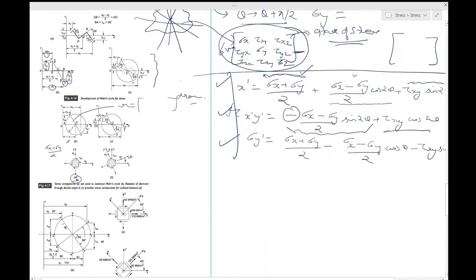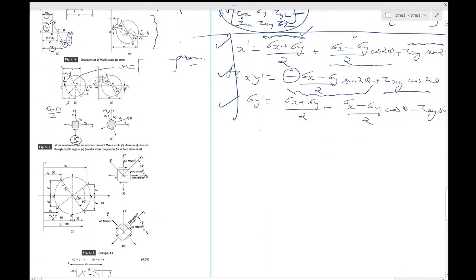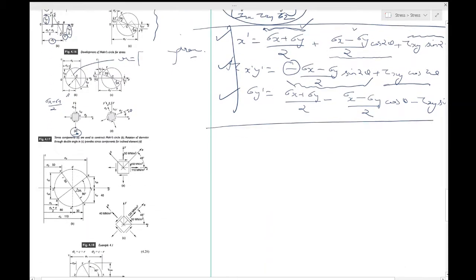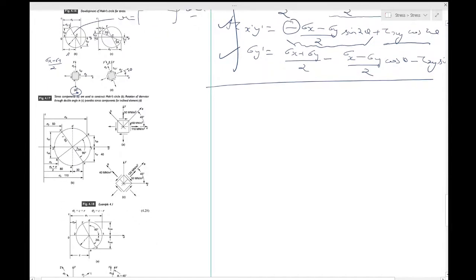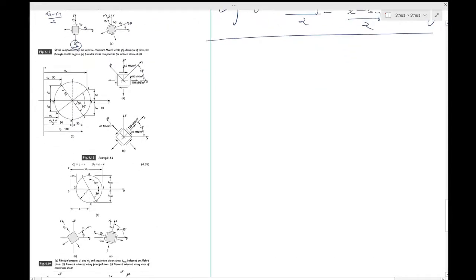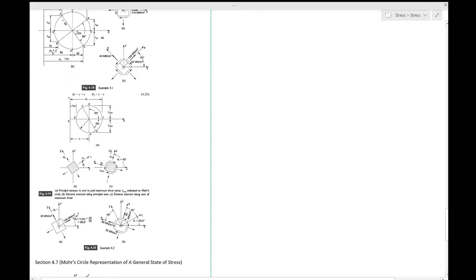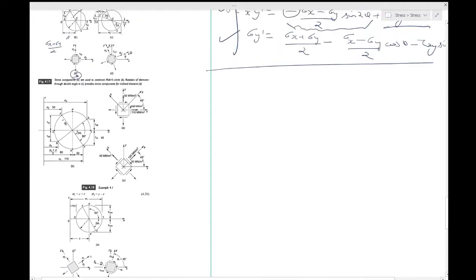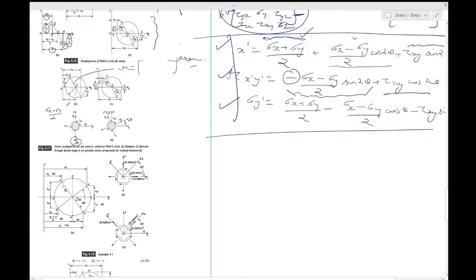So let's take an example over here, example 4.1.